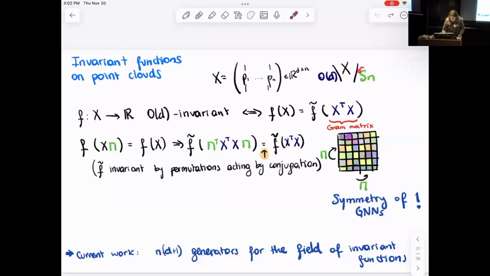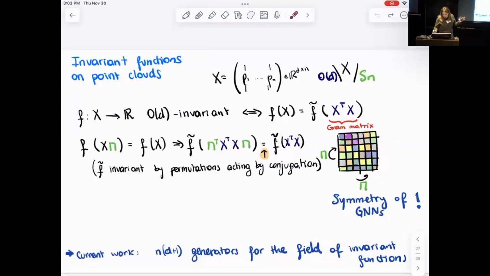And now if we also want to take into consideration the Sn action, when you look at the matrix of inner products, the permutation of the points is now permutations of rows and columns of this matrix of inner products. So we kind of recover the symmetries of graph neural networks, right? Here we have permutation of rows and columns on the Gram matrix.